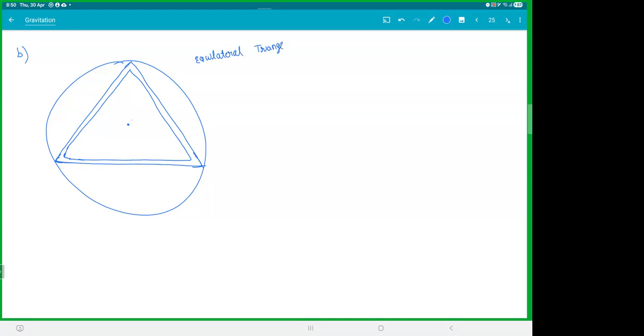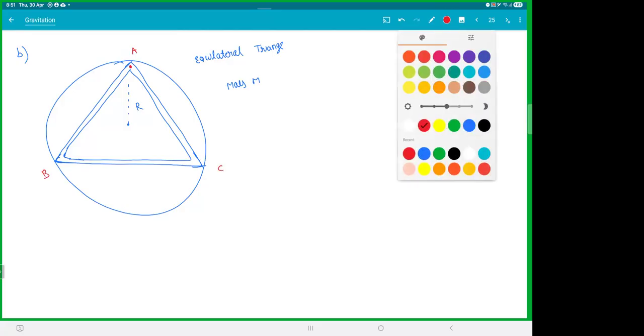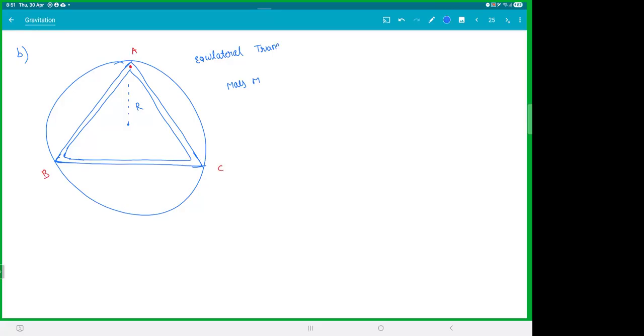Equilateral triangle, the radius of the planet is R. The particle is released from one corner. So let's call this A, B, C. Equilateral triangular tunnel. Find the time period for one rotation.